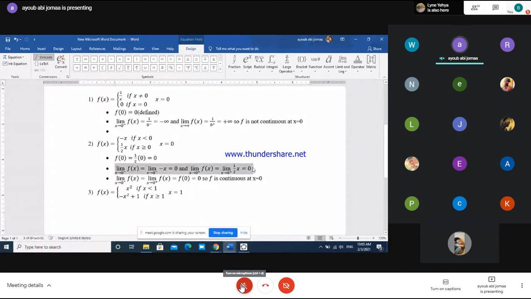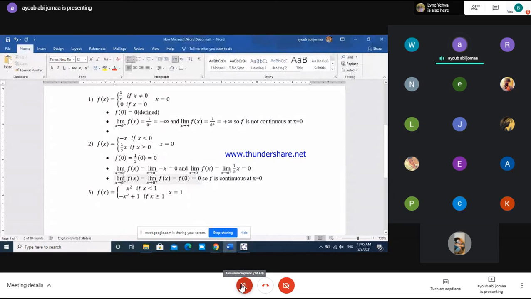Okay, back to the limits we studied. The limit as x approaches 0 minus. Here, when you say 0 minus, it means that x is less than 0, right? So which one of these two parts do I consider?